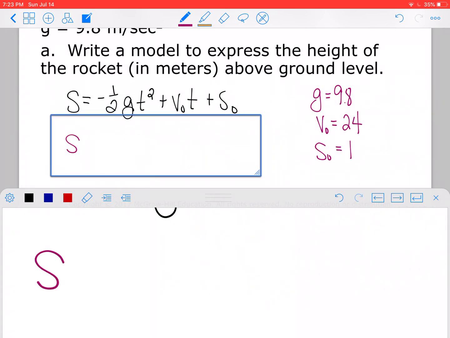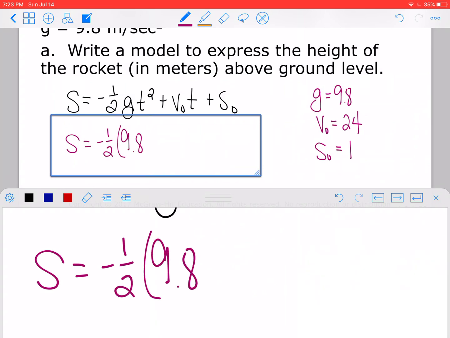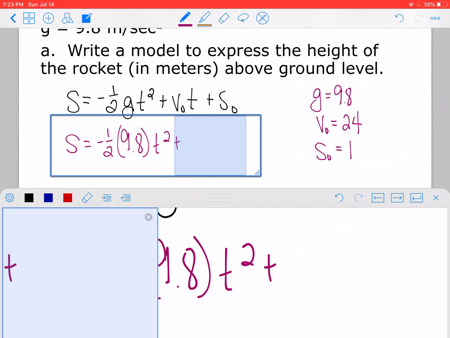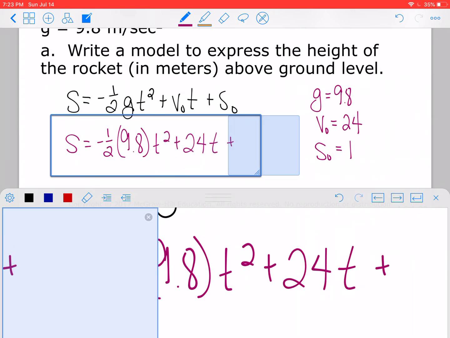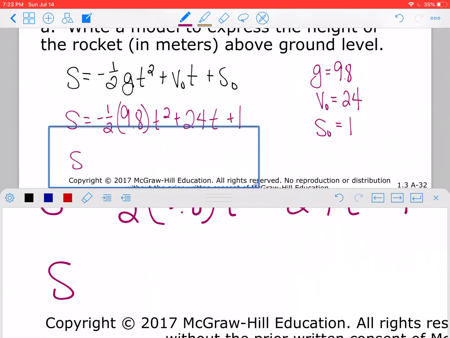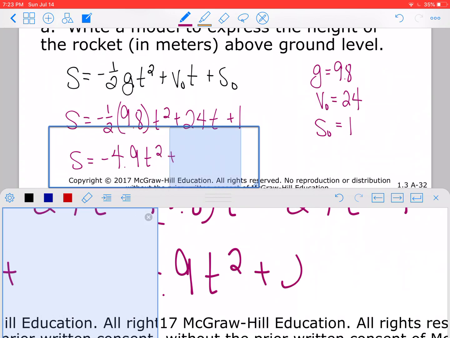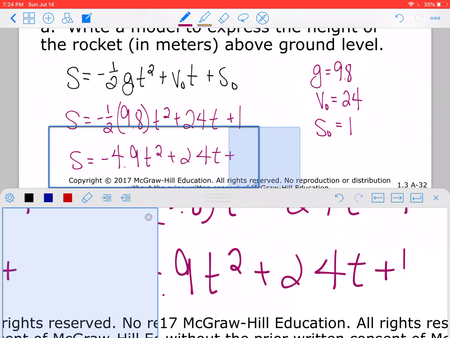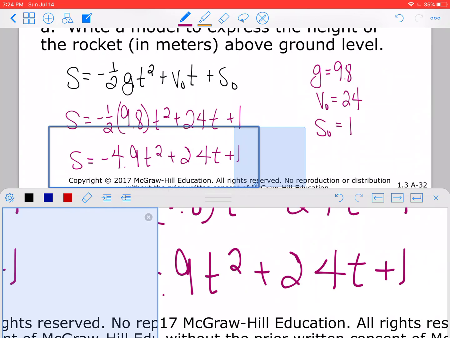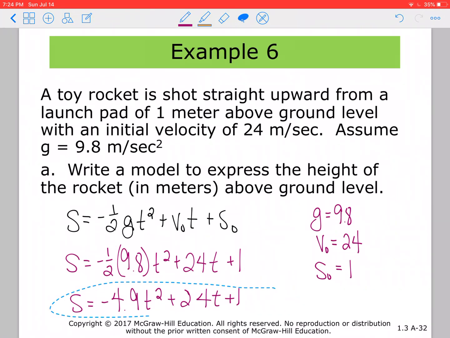So we plug in and simplify. Gives us negative 4.9. Okay, so there's our expression for the height of the rocket.